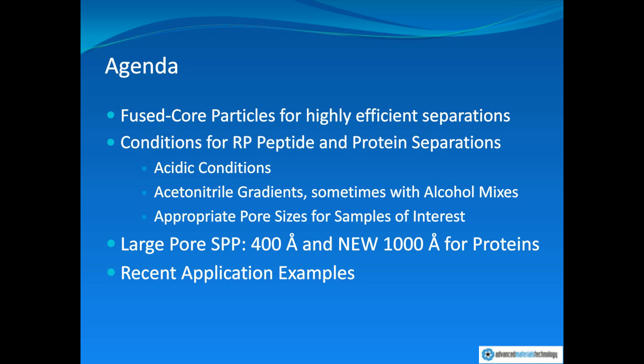Now, in particular, we're going to spend time discussing large pore or macroporous, superficially porous particles, a 400 angstrom pore size material that has been commercially available for a couple of years now, and a most recently introduced 1,000 angstrom pore size that we find useful for intact protein separations.